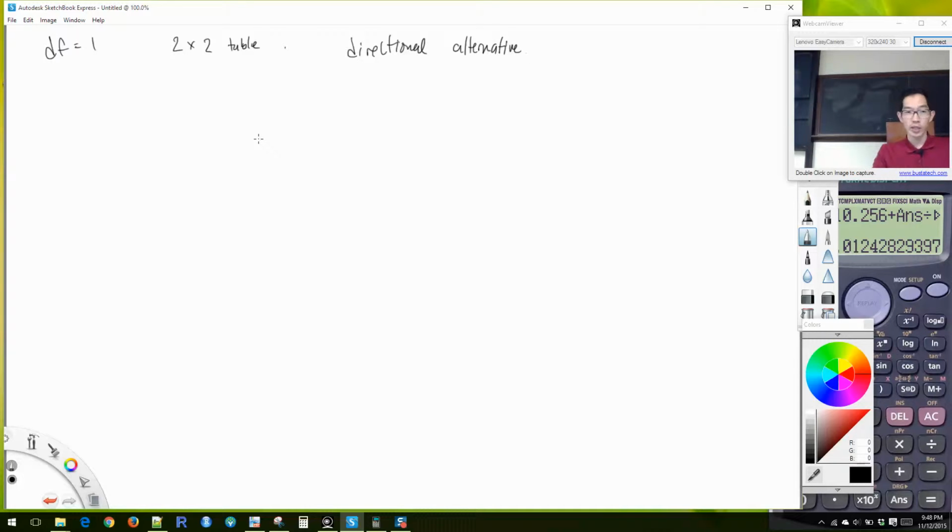How would we write our hypotheses? Let's say I think of two categorical variables: is having black hair related to having brown eyes?